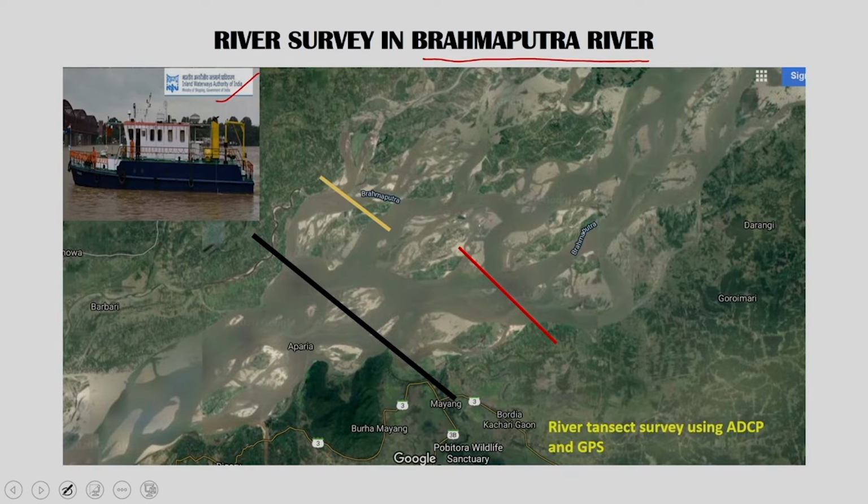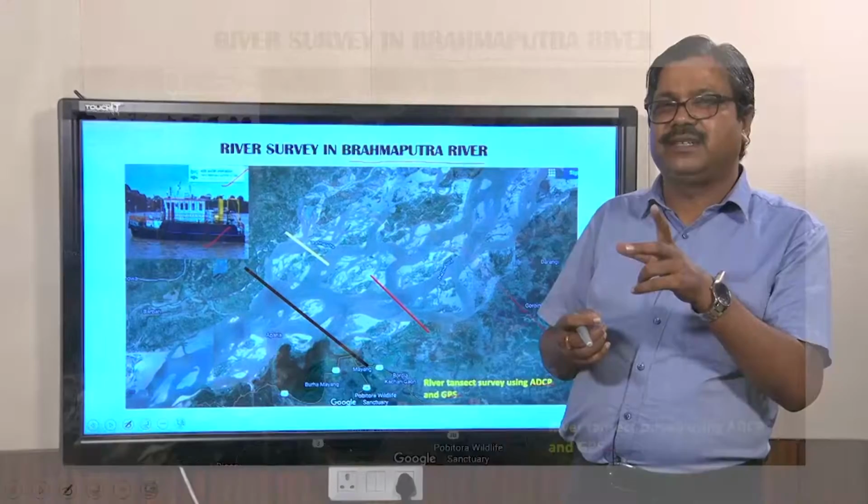I present that data to you, which is quite interesting. If you go to a river like this, a 10 kilometer reach, we cannot do a simple survey. We need survey vessels equipped with global positioning systems and ADCP, acoustic Doppler current profilers, which measure the three-dimensional velocity components.